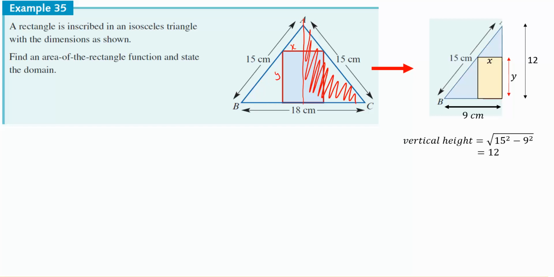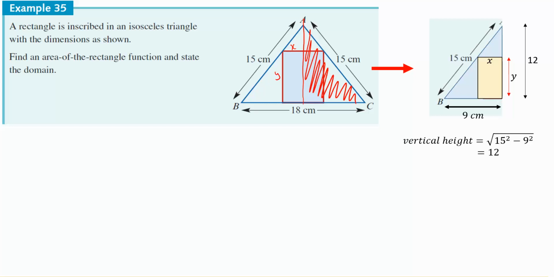I know the area of a rectangle is length by width. I know this is 12, so if I want to know what this is, I can call it y. Now, if we're going to use similar triangles, I can use this small triangle here to be equivalent in ratio to this larger triangle. Because they all share the same angle here, 90 degrees, and they all share the same angle here. So I can use similar triangles to solve this.